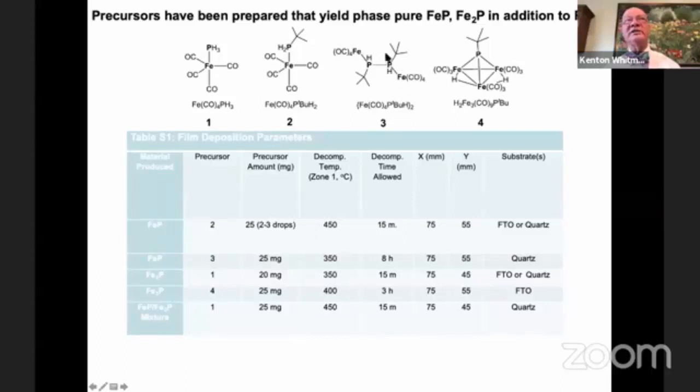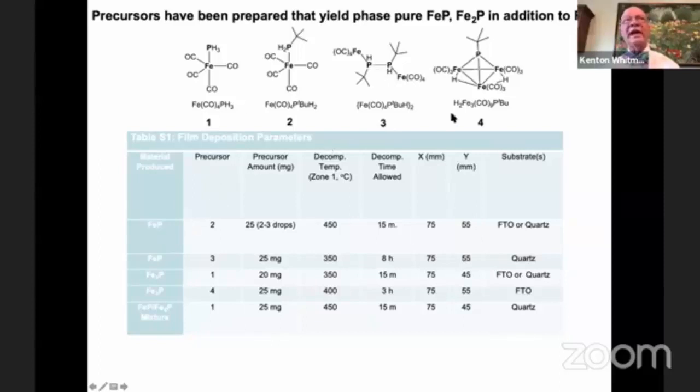I'm not going to go into the synthesis of this. It's an interesting molecule in itself because each of these phosphorus atoms is chiral. And so it gives very interesting NMR spectra and single crystal X-ray diffraction results. But we'll have to save that for another time.